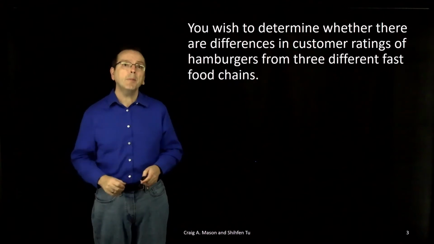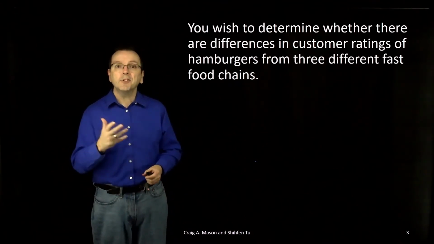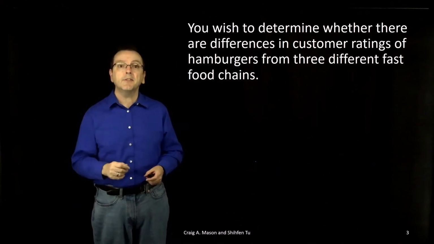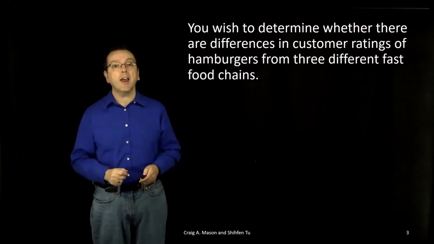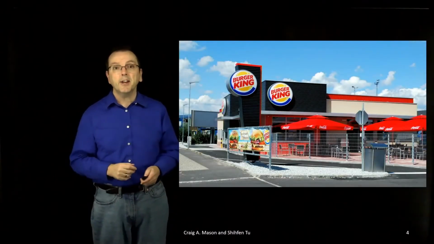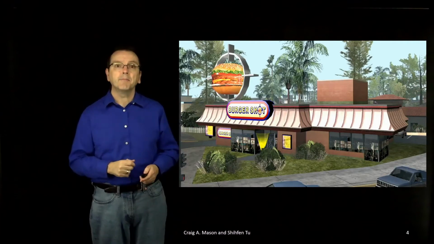Now, for this problem, we'll say that you want to determine whether there are differences in customer ratings of hamburgers across 3 different fast food chains: Burger King, McDonald's, and Burger Shot.